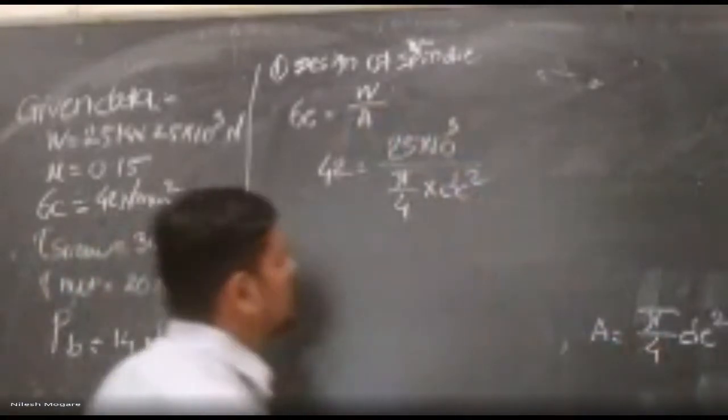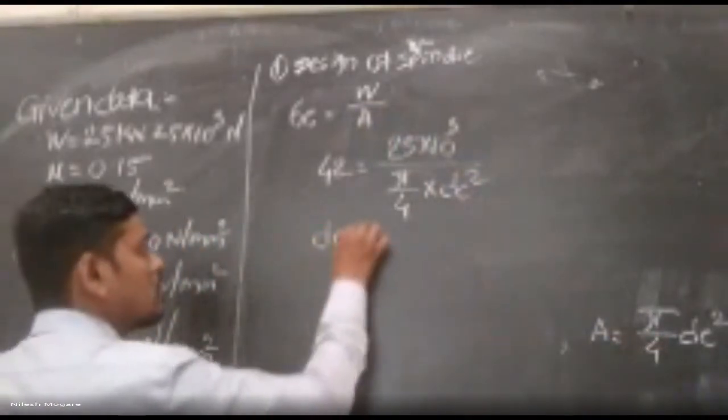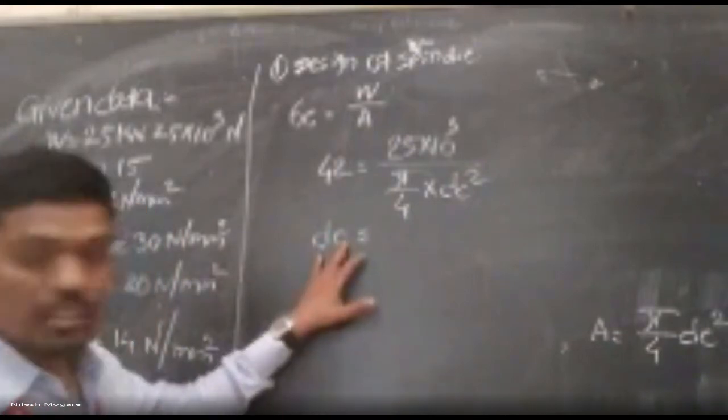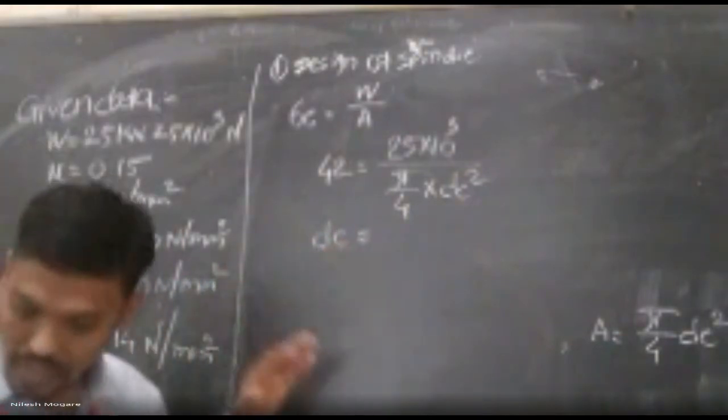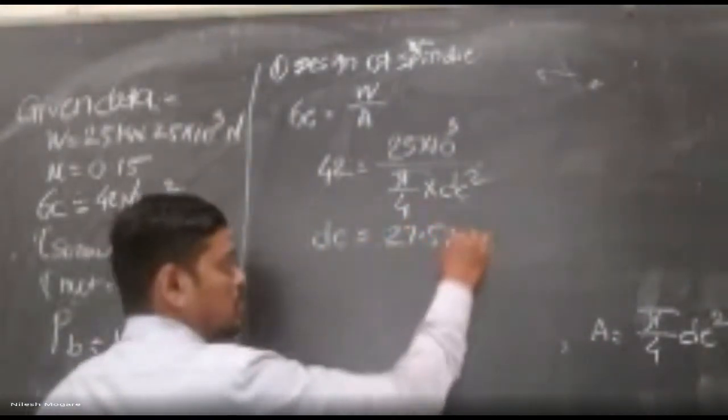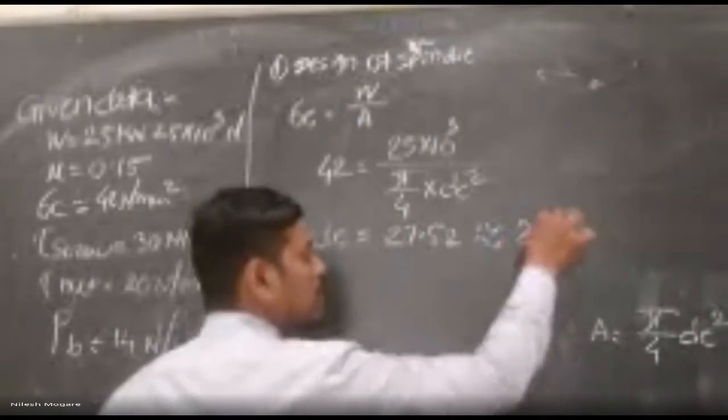Here we get the value of DC. Yesterday we calculated the value of DC, the core diameter, and it is 27.52. So we say that it is 28 mm.